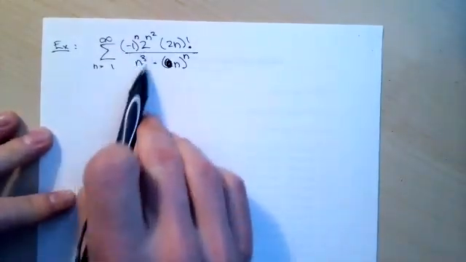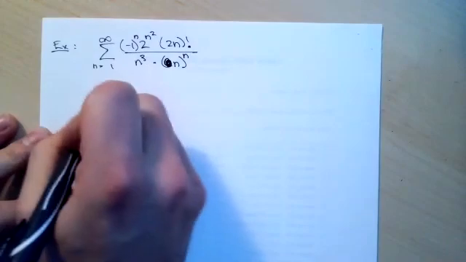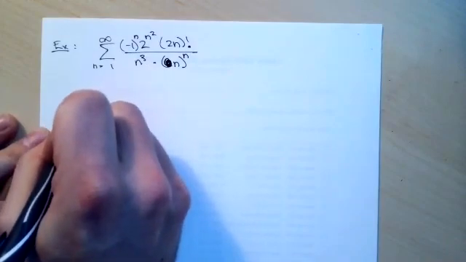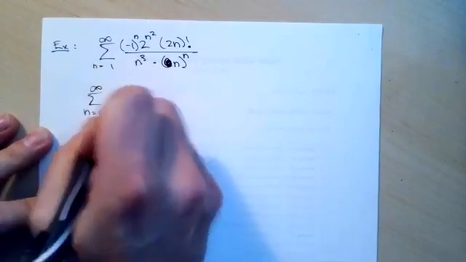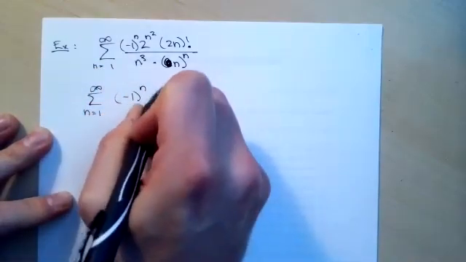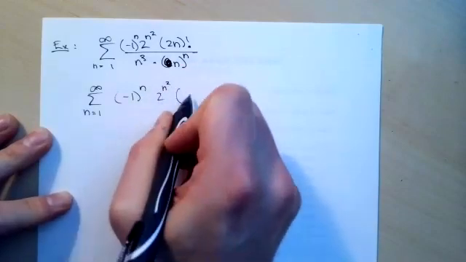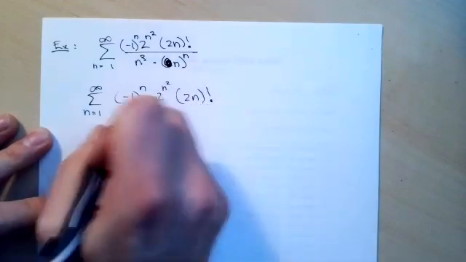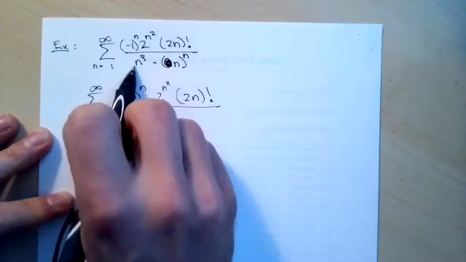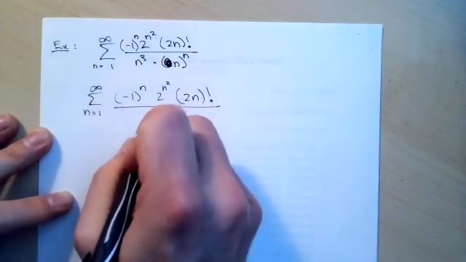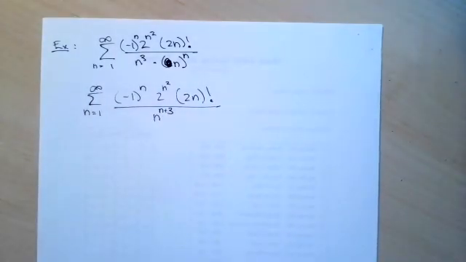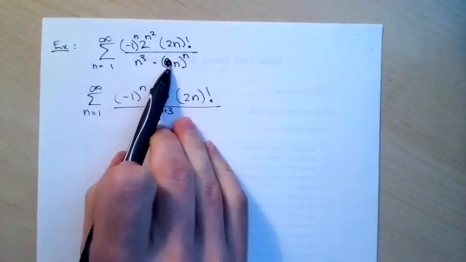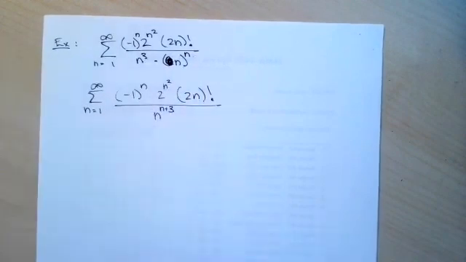We have this polynomial order of growth, but if we wanted to, we could simplify this. We've got a minus 1 to the n, 2 to the n squared, a 2n factorial. In the denominator, n to the n times n cubed is actually just going to give me n to the n plus 3, if we wanted to simplify that. That's also why I got rid of the 2, because it would just be a 2 to the n, which we could then simplify as well.